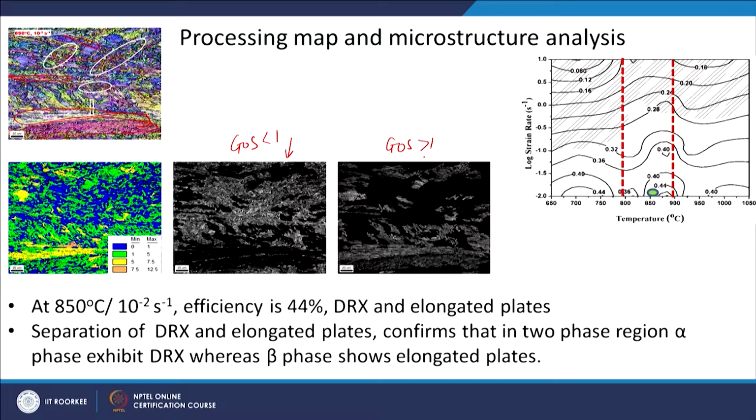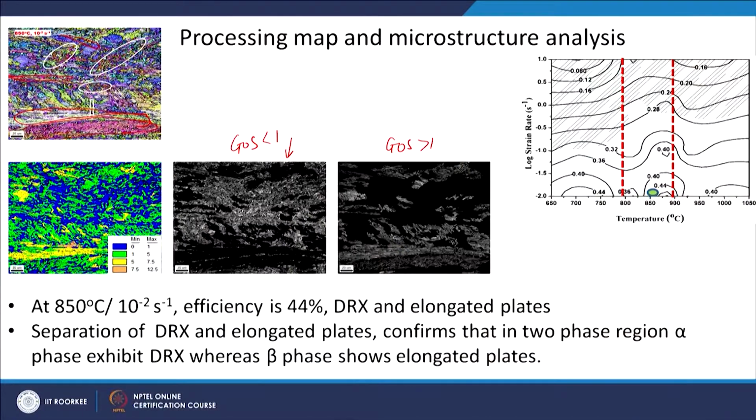So, from here actually we also tried to figure out whether the elongated one is the initial beta grain, and these are the alpha grains which got recrystallized. That we kind of proved by showing that these particular grains have some transformed plates.